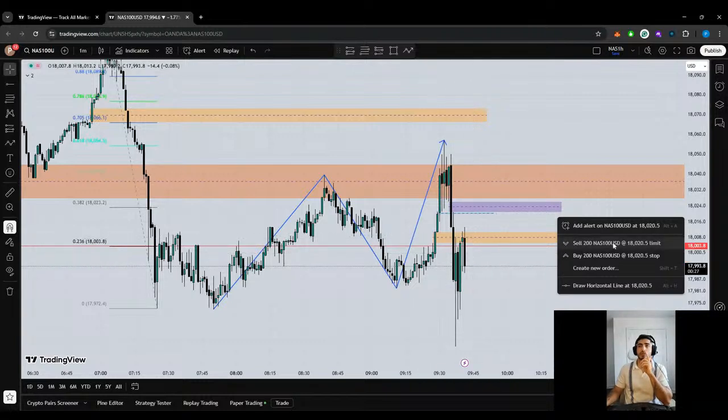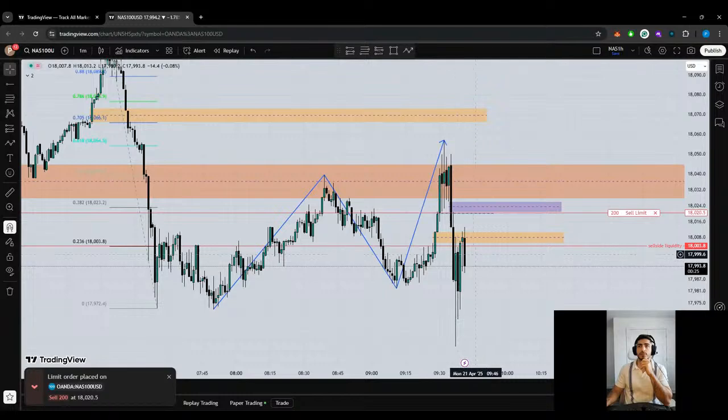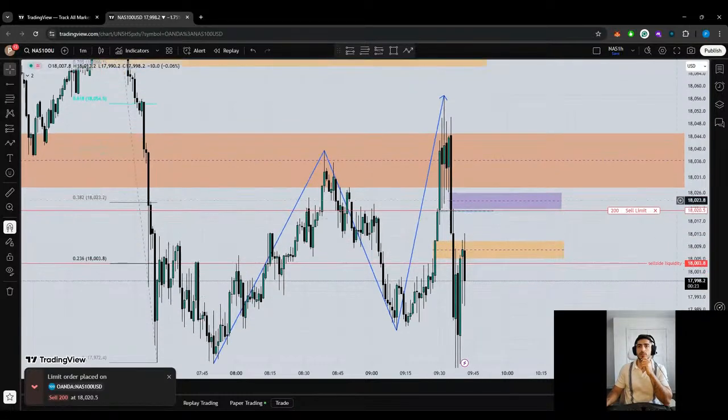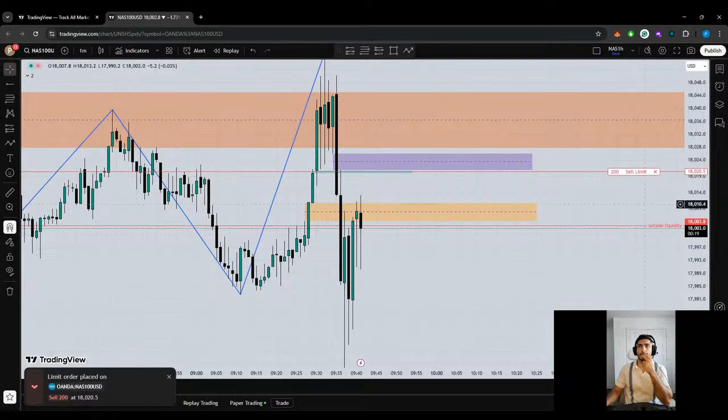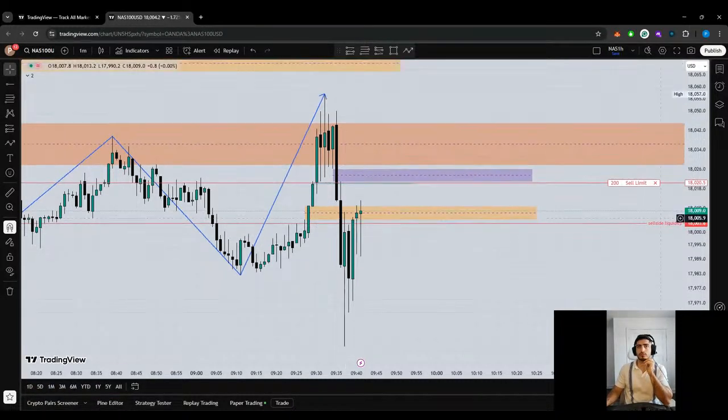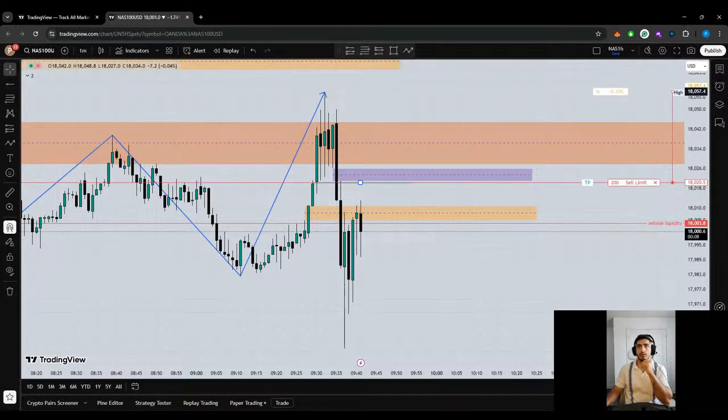It's interesting what it's doing though. Over here, bodies closing below the consequent encroachment of that inversion. And stop loss and take profit.